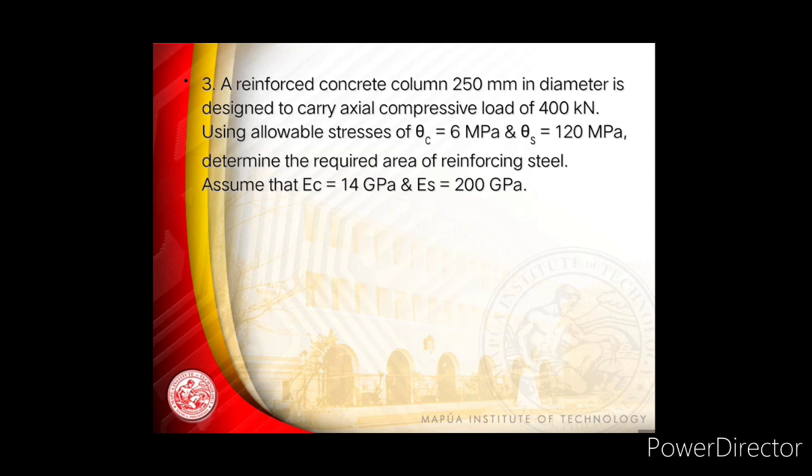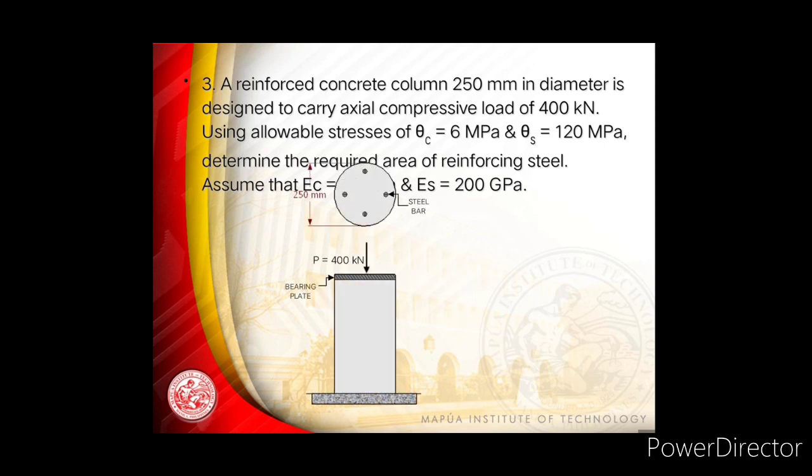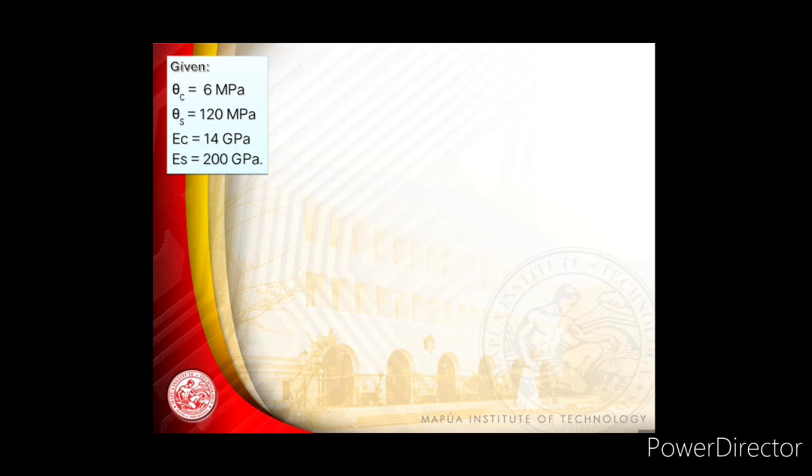So the figure is this one. You have a circular column, and that column has a load equivalent to 400 kilonewtons, and you want to compute the steel area. The solution goes with the givens: stress of concrete equivalent to 6 megapascal, stress of steel equivalent to 120 megapascal, elasticity of concrete as 14, elasticity of steel as 200 gigapascal, with a force equivalent to 400 kilonewtons.